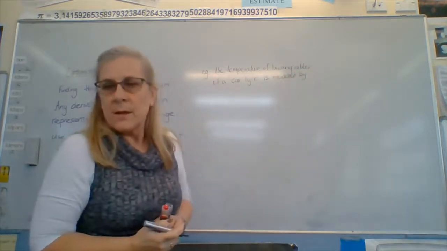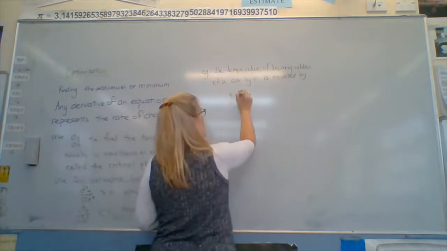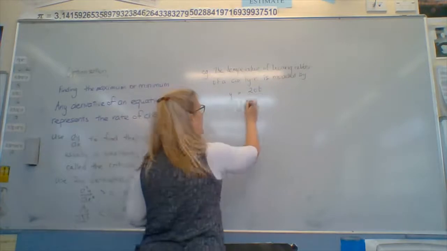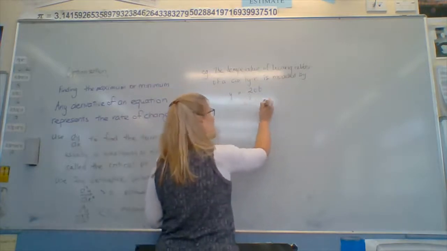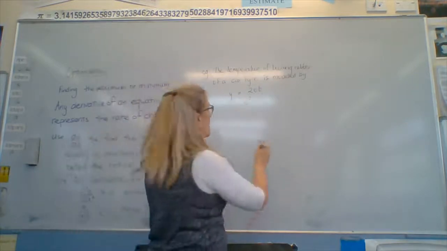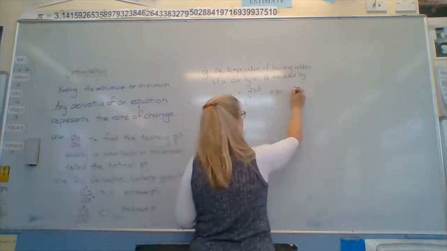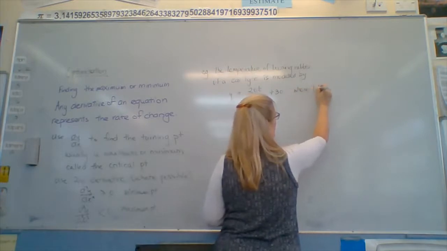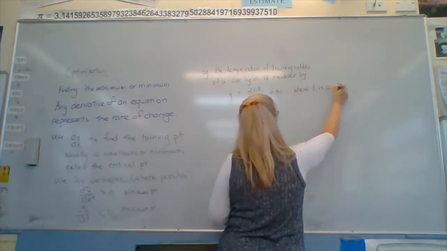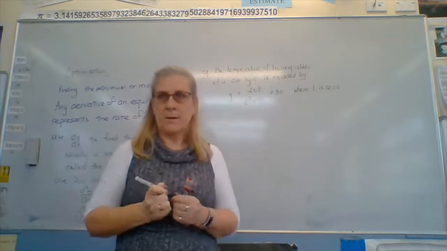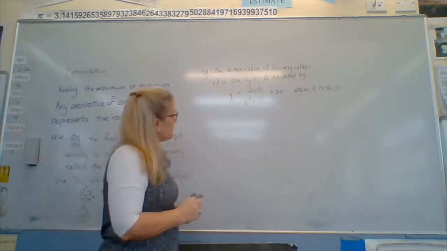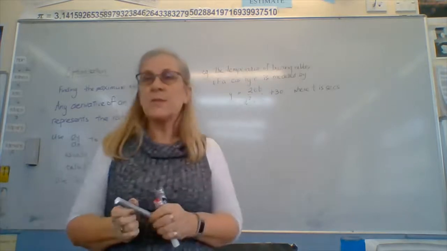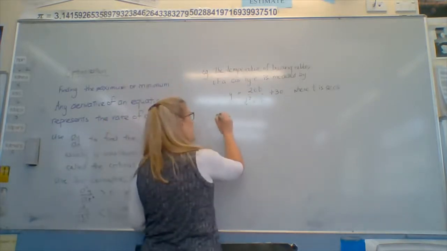All right, y equals 20t minus t squared plus 4t plus 30, where t is in seconds and y is the temperature. All right. So our question is, what's the maximum temperature? Find the maximum temperature.